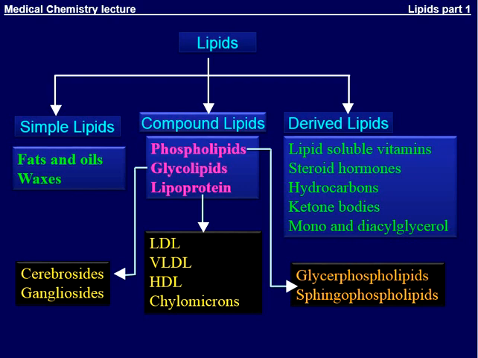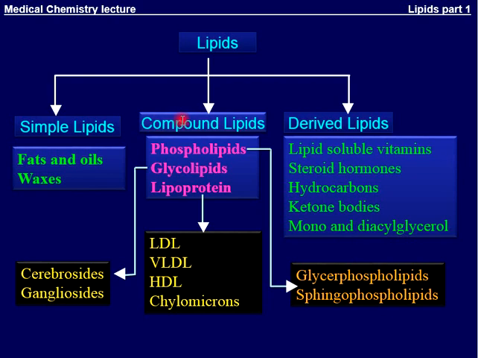As a summary, we can say lipids have three classes: simple, compound or complex, and derived lipids. Simple lipids are esters of fatty acid plus alcohol, and depending on the alcohol they are subdivided into two categories: fats and oils, which contain fatty acid plus glycerol, and waxes, which contain fatty acid plus long chain alcohol.